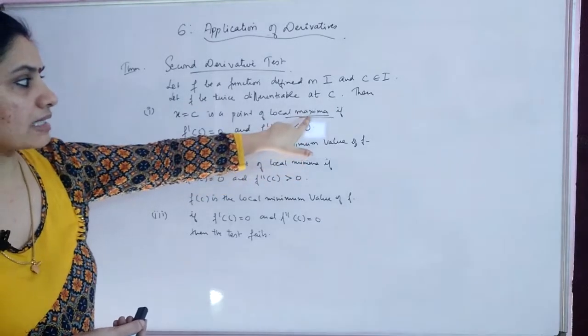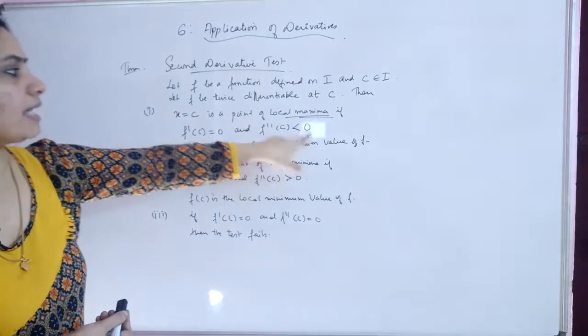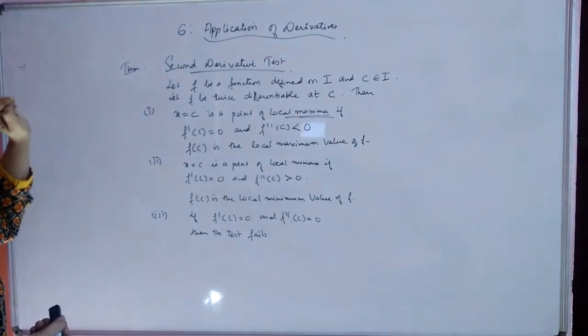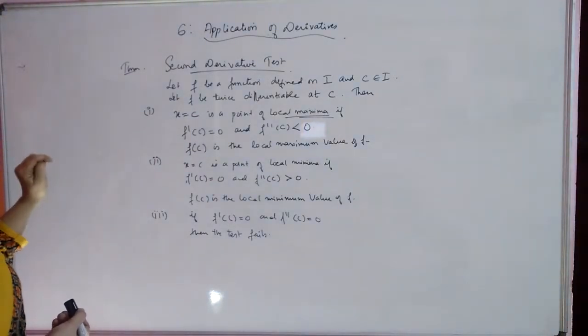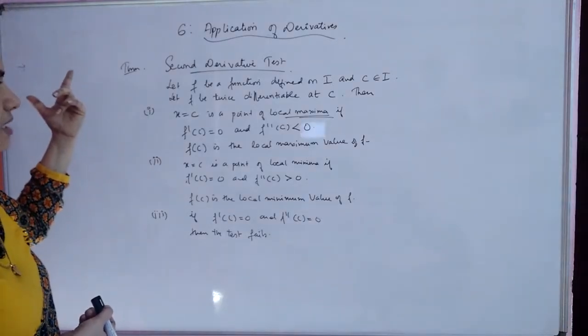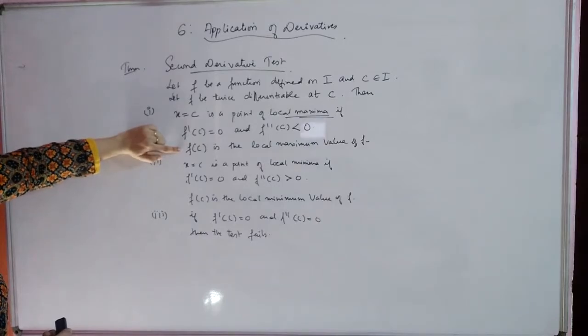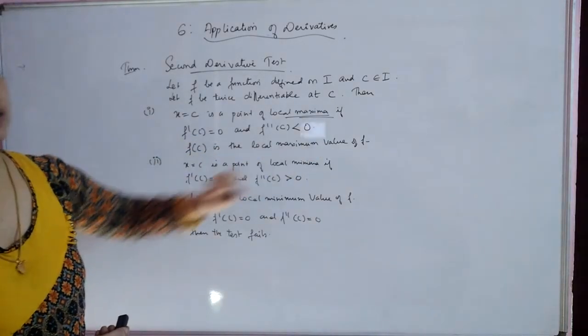Okay, local maxima, when we say you should get f double dash to be less than 0, at that time you will say that the point is a point of local maxima. And the local maximum value you will get, as in the case of the first derivative also, by substituting in the function. The value in the function will give you the local maximum value.